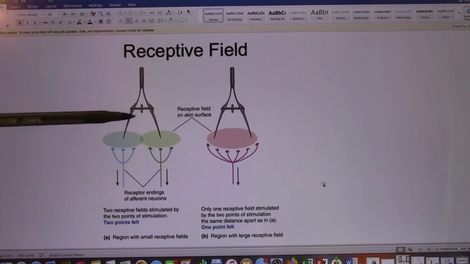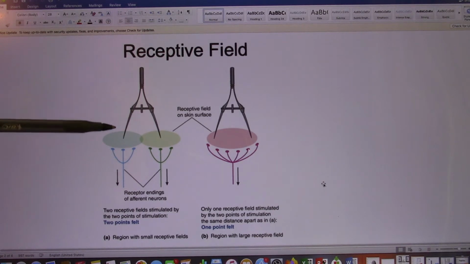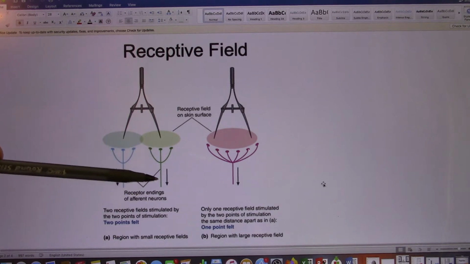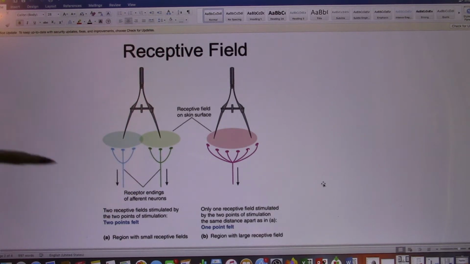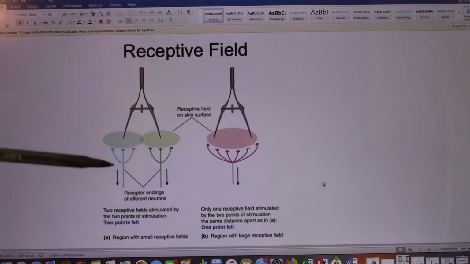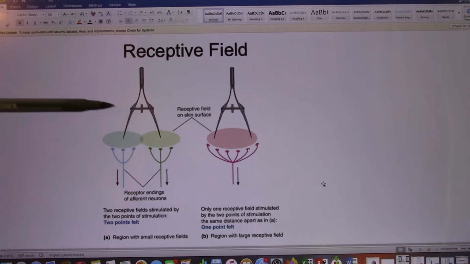When we do the 2-point discrimination, we put 2 points. In a sensitive body part with small receptive fields, each point touches a different receptive field, and they are processed by different receptors and different neurons going to the brain. All your brain has is neuronal activity, so when it receives signals from different neurons, it knows that 2 points are being touched.